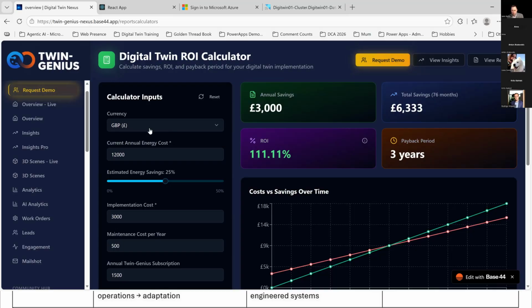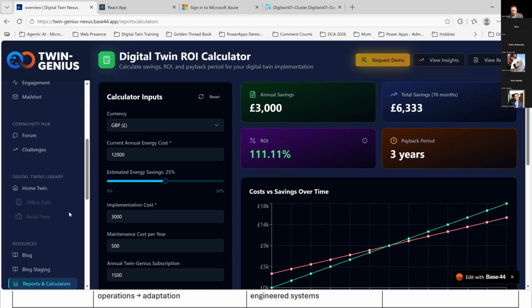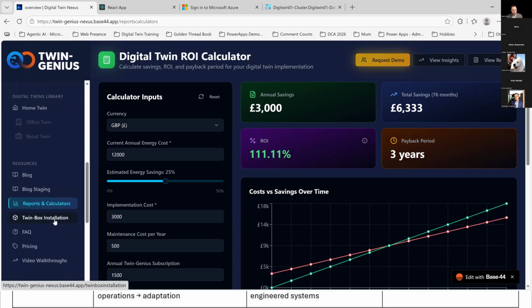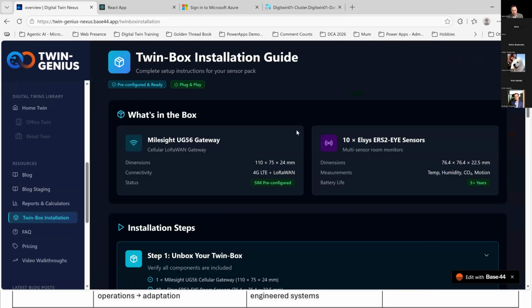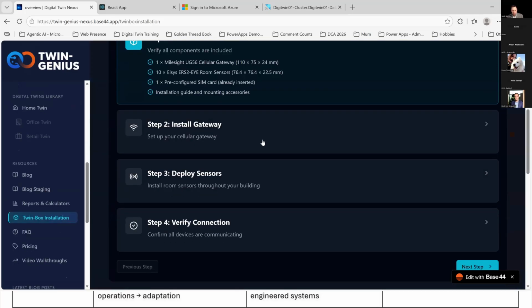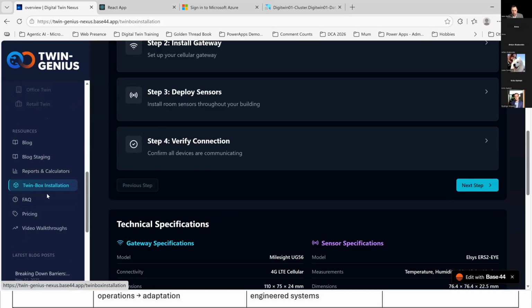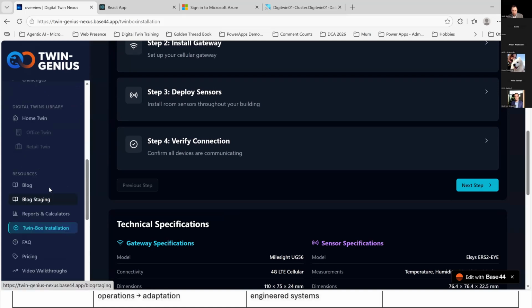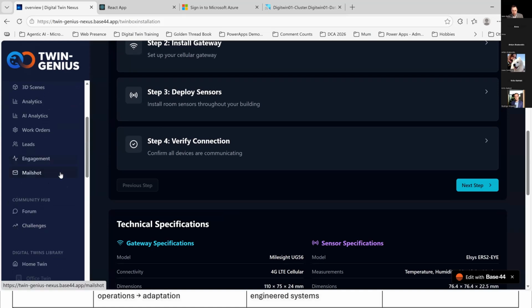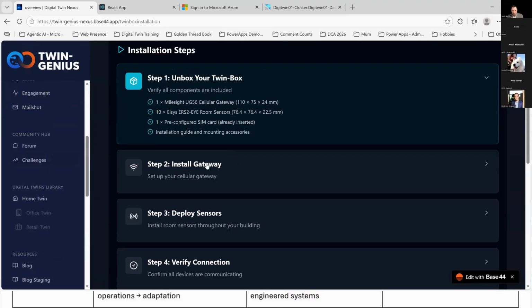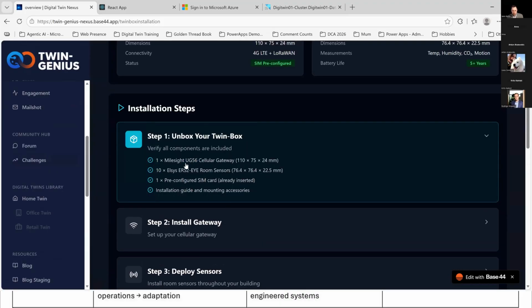My next stage of this, which is what's in development now, I'll probably just scroll down here, is something I've described as Twin Box. So essentially, the Twin Box, that's just explaining how that's installed. But Twin Box is essentially about giving people the components, the actual hardware that they need to be able to overlay this system on any building.